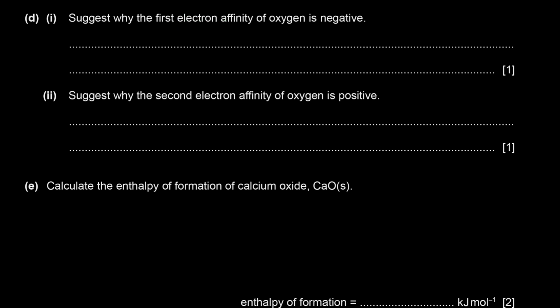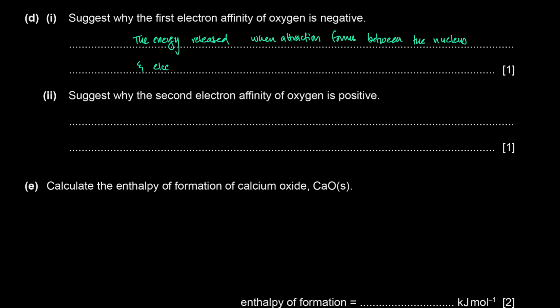The reason why is because of the energy released when an attraction forms between the nucleus and the incoming electron. So when those electrons are being added to the outer shell, there's an attraction formed between the nucleus and the incoming electron.